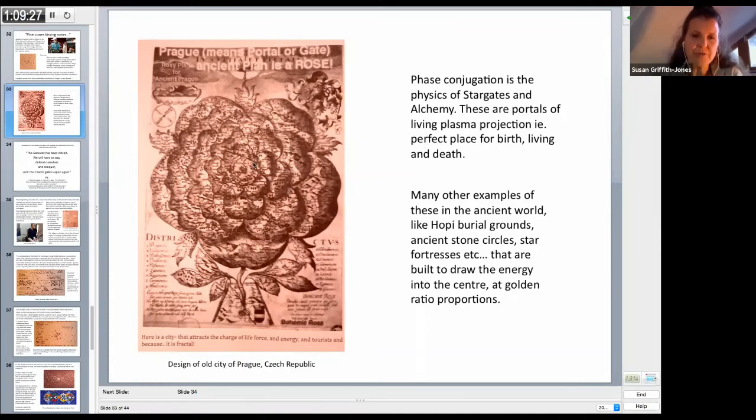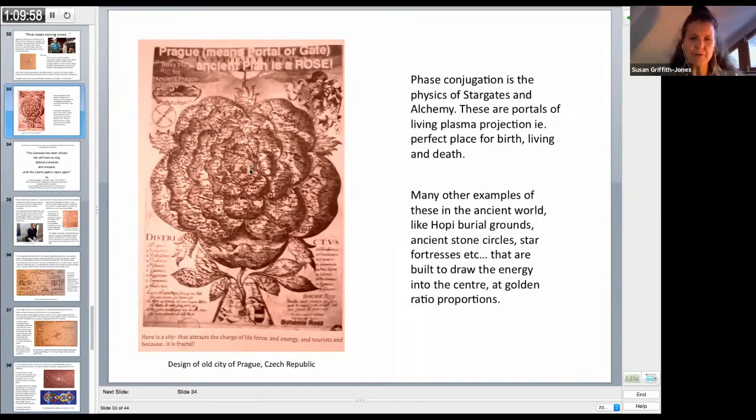So, for example, if you were living in the old city of Prague, this outer macro design shape of the city would be causing each of the cells in your body to be aligning and having this centripetal spin, so that you would be optimally living your life healthily.